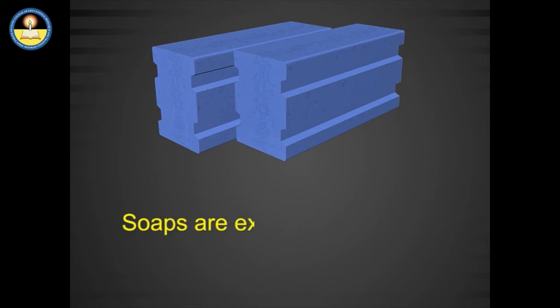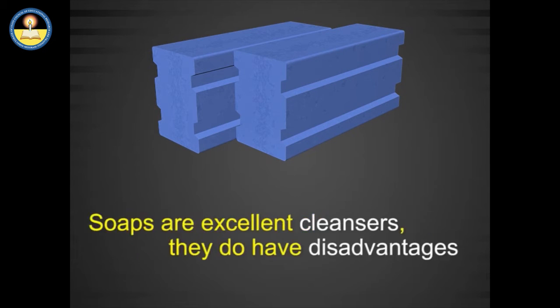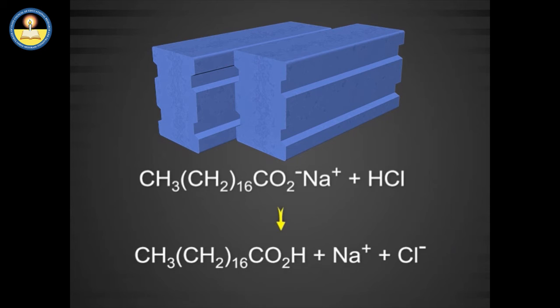Although soaps are excellent cleansers, they do have disadvantages. As salts of weak acids, they are converted by mineral acids into free fatty acids. CH3CH2CO2⁻ Na⁺ reacts with HCl to give CH3CH2CO2H plus sodium ion plus chloride ion.